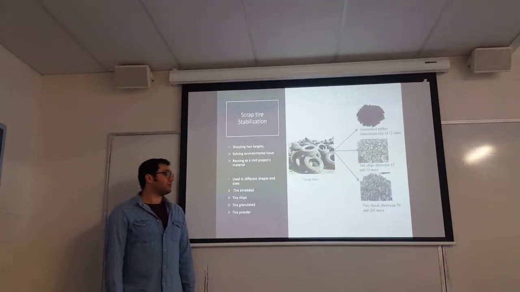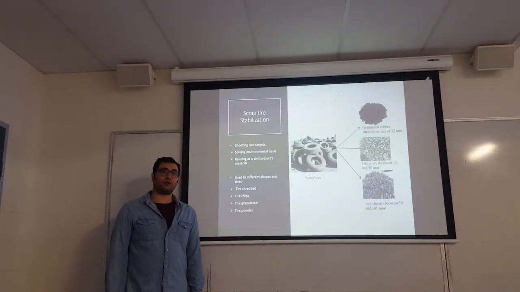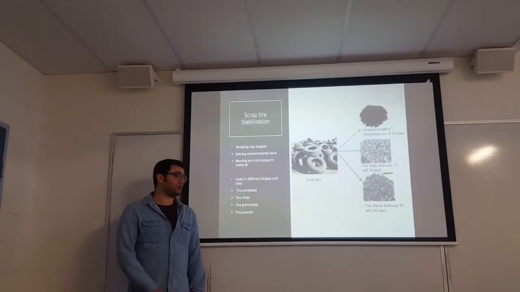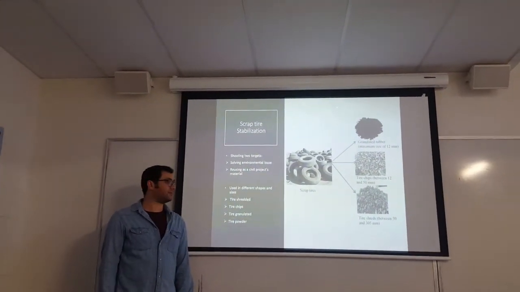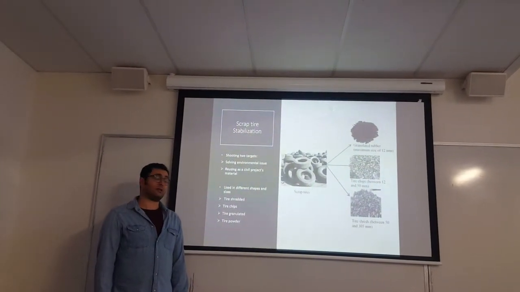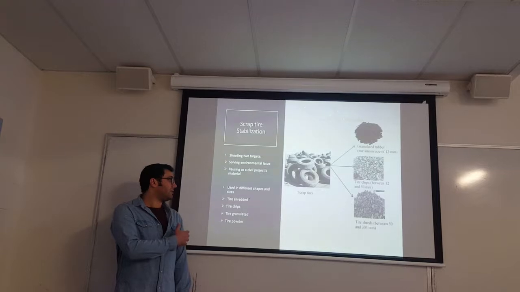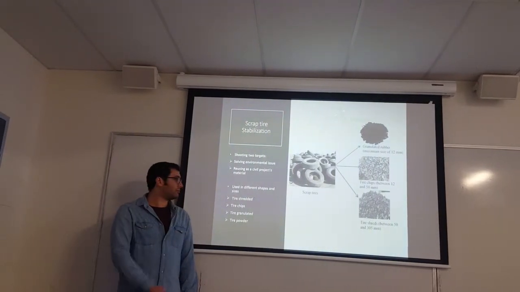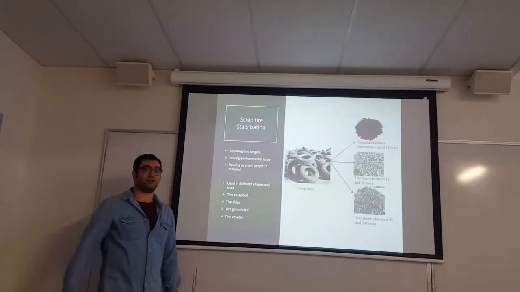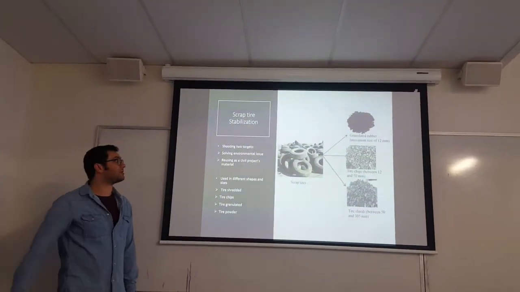Scrap tires used in civil projects are categorized into 4 different groups based on shape and size. From the biggest are shredded tire chips, granulated tire, and tire powder, which get smaller respectively, as you can see in these pictures.